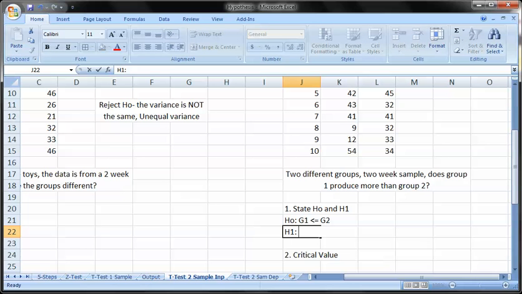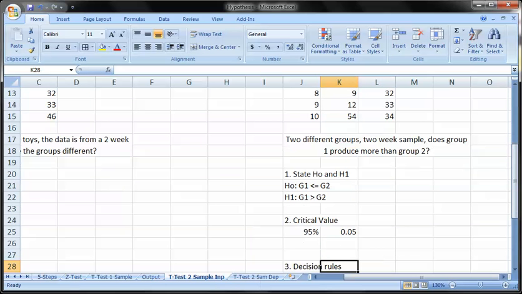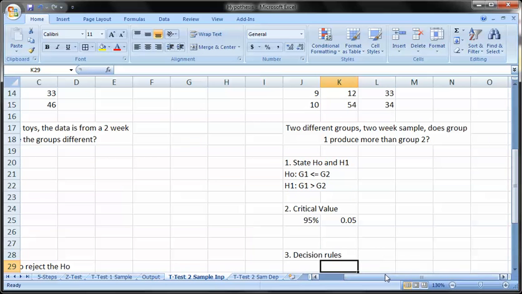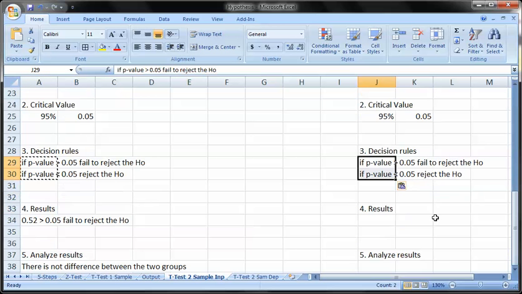My alternative: group 1 is greater than group 2. Critical values, 95%, 0.05. Decision rules are similar here. And let's get our results.